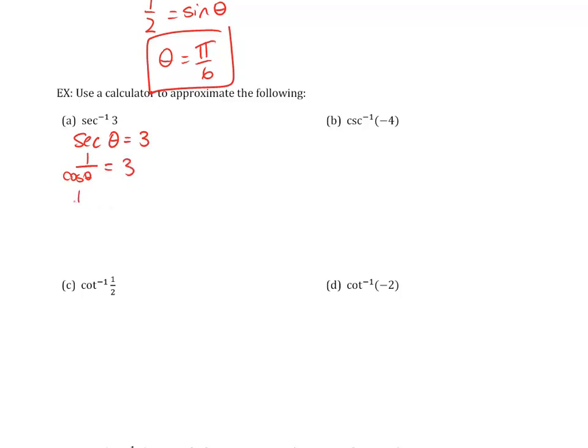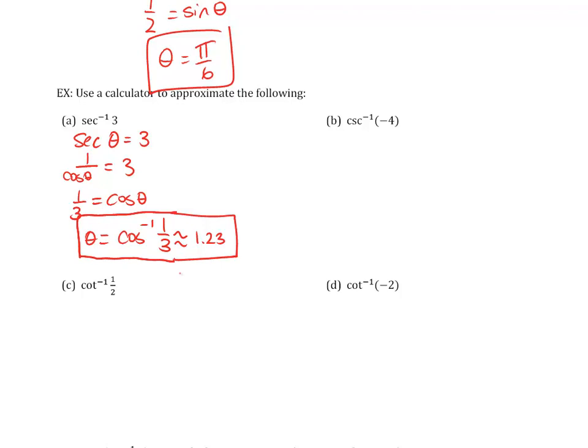So we're looking at what angle gives me a 1/3 when I take the cosine of it, which, by the way, is the same question as cosine inverse of 1/3. Plug that into my calculator, and I get 1.23 out of it.